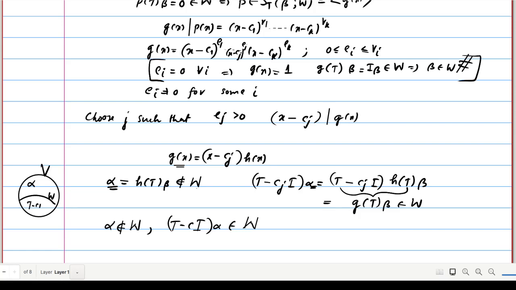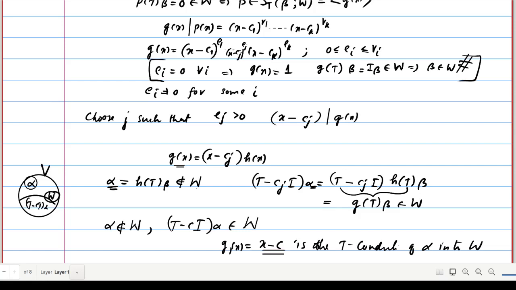This shows that the polynomial x minus c, say g1 of x equals x minus c, is the t conductor of alpha into w. That means for any proper invariant subspace of v, there exists an alpha whose t conductor is a linear polynomial. That is the meaning of this lemma.